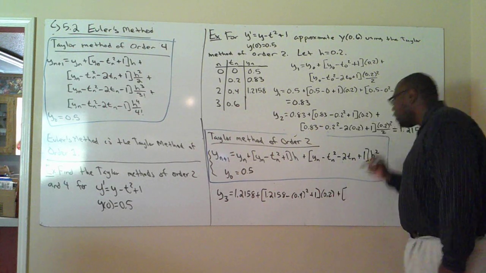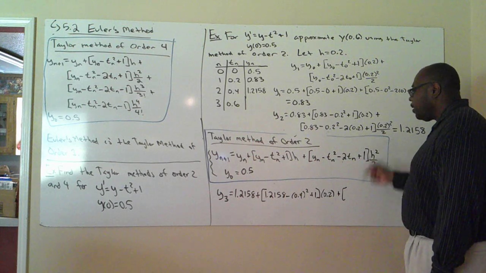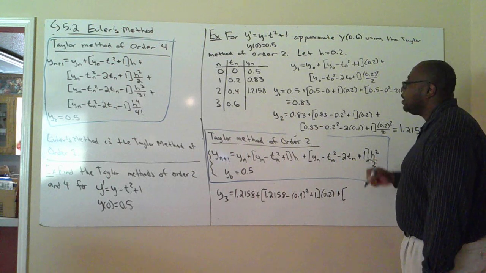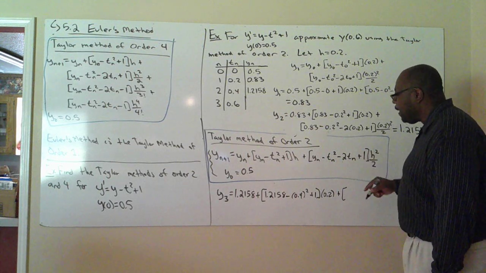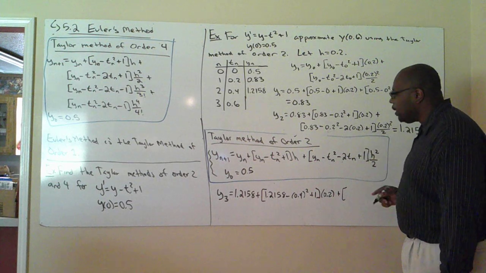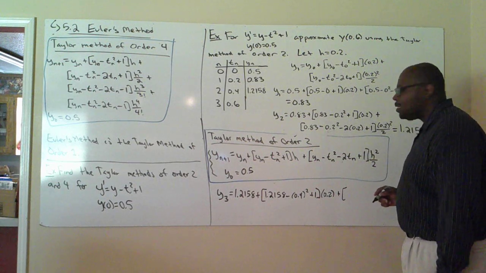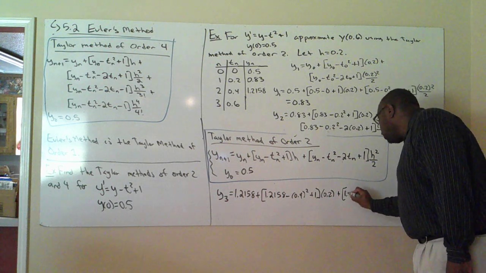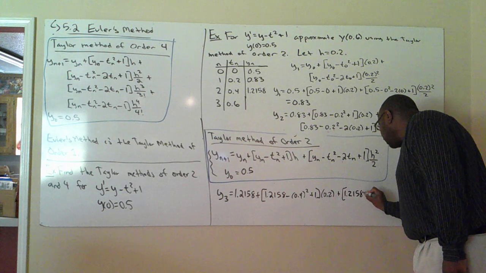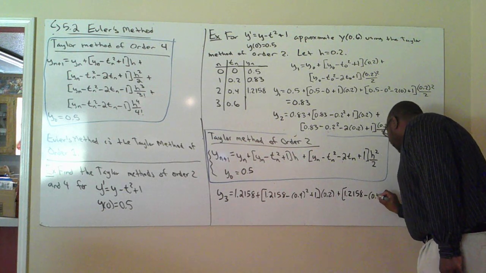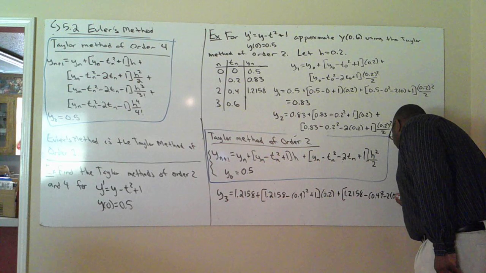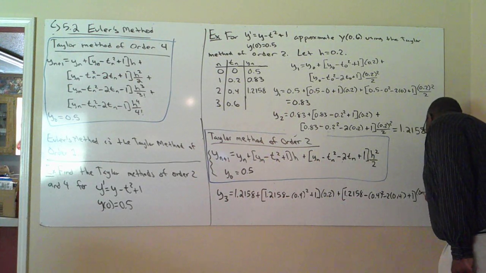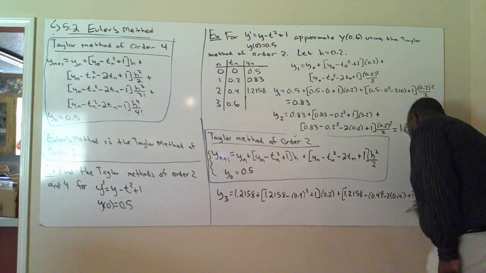Plus, this is a good thing for your calculator to make a little program for, right? You can store a couple of variables, and then use the formula just to enter and get the next term in the method, similar to what we did with the secant and Newton's method. And then this would be 1.2158 minus 0.4 squared minus 2 times 0.4 plus 1, times the quantity 0.2 squared divided by 2.